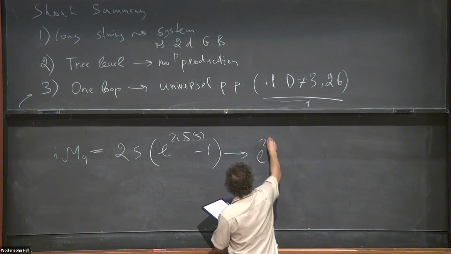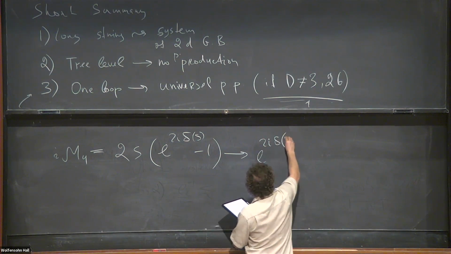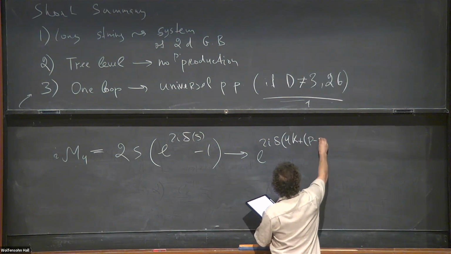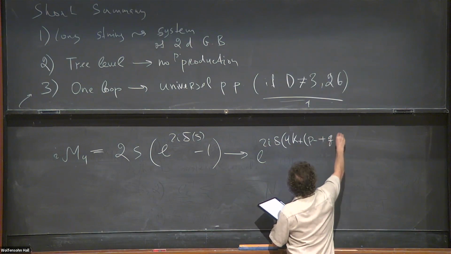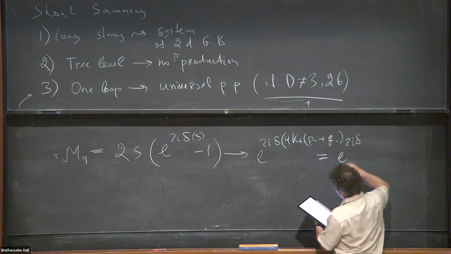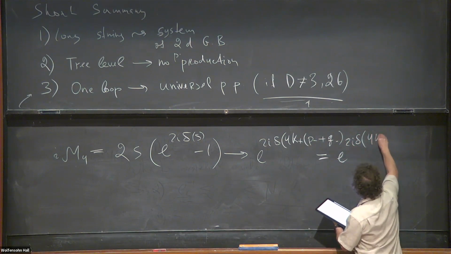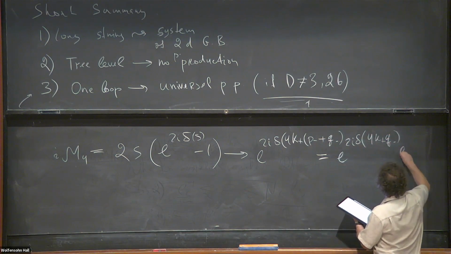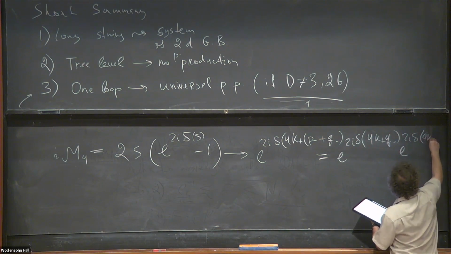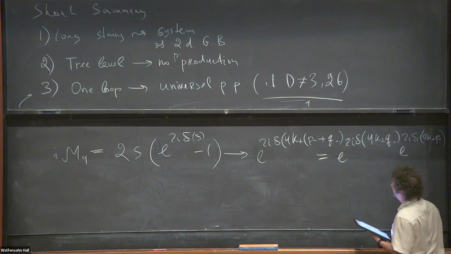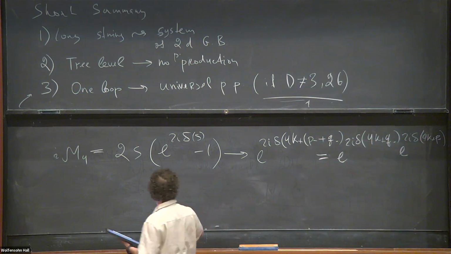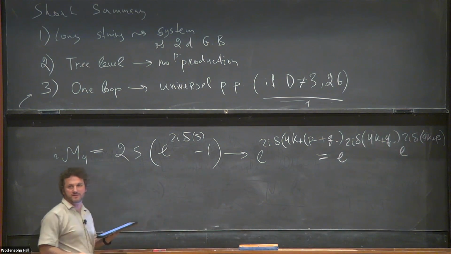It's e to the 2i delta of 4 plus minus plus minus should be equal to the product of delta plus minus e to the i delta for k plus k minus. So essentially, it tells us that the phase shift should be linear in individual momenta, and this is fixed.